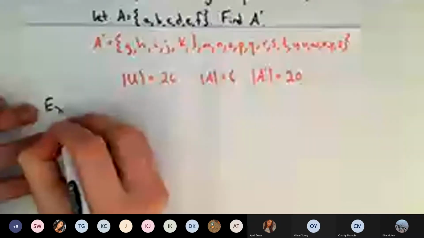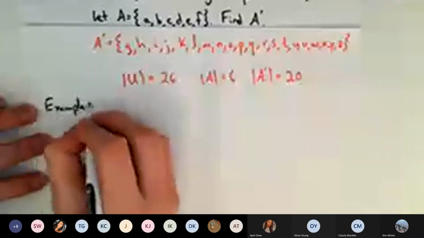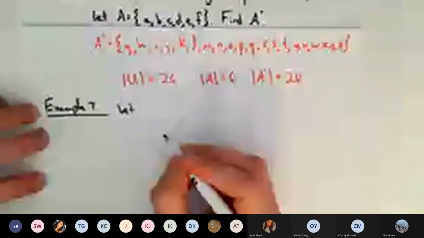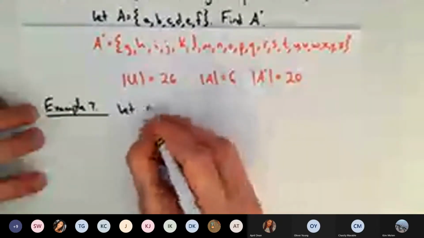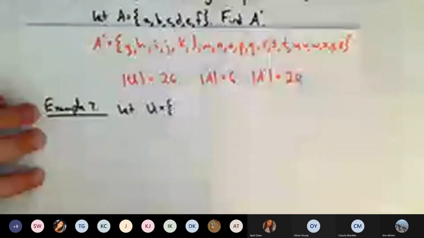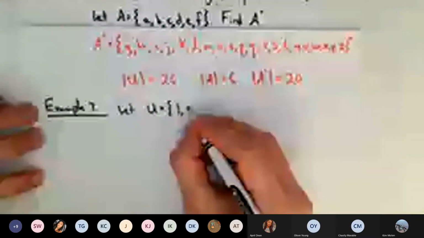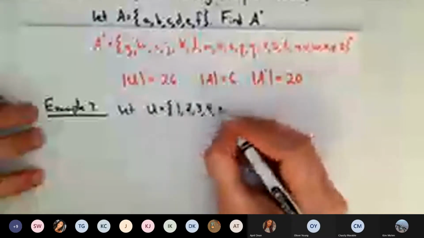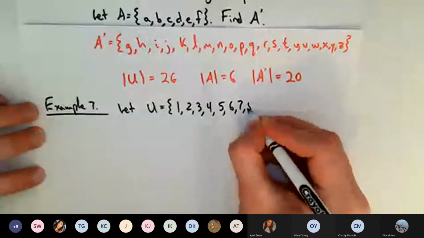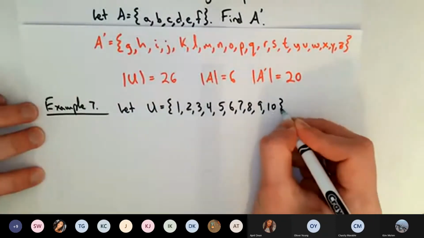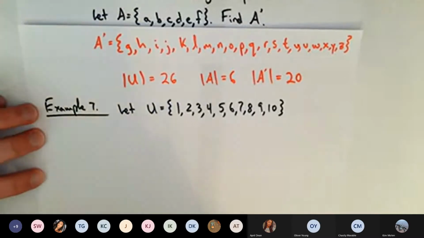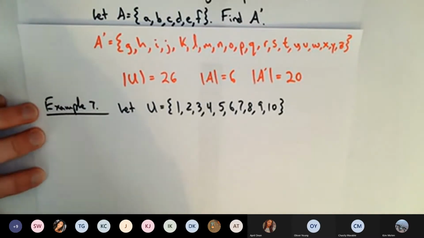All right, example 7. Let's do a simple one. Let's say the numbers 1, 2, 3, just up to 10. So just natural or whole numbers up to 10. So that's our universal set. This is the world that this problem is living in.